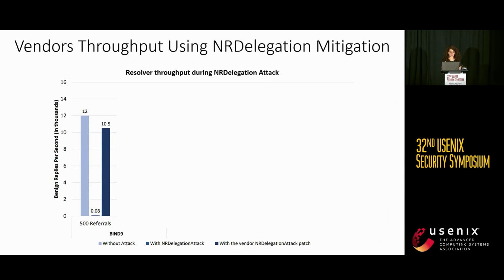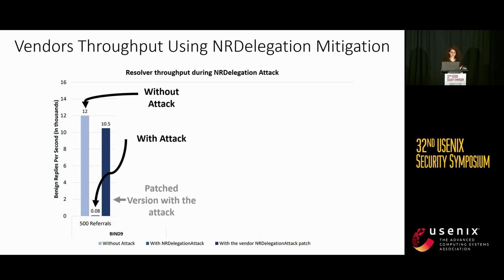Looking at the actual throughput using the patched versions, without any attack we observed more than 12,000 requests per second. With the attack, this number dropped to 80, as I said before. And with the patched version, the resolver was able to answer more than 10,000 requests per second.